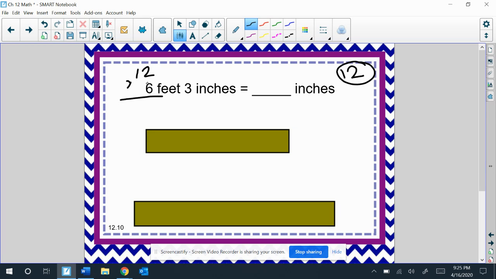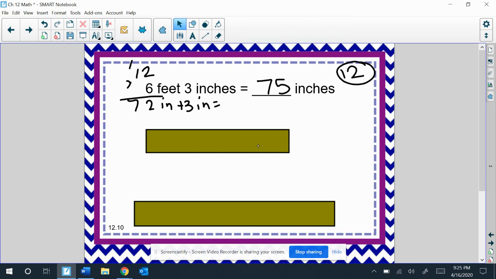Well, 6 times 2 is 12. 6 times 1 is 6, plus 1 more, 7. I now have 72 inches and 3 inches. If I add those up, I get 72, 73, 74, 75. 75 inches. Pretty doable. Here's another one.